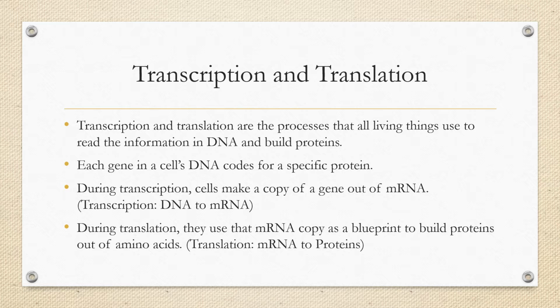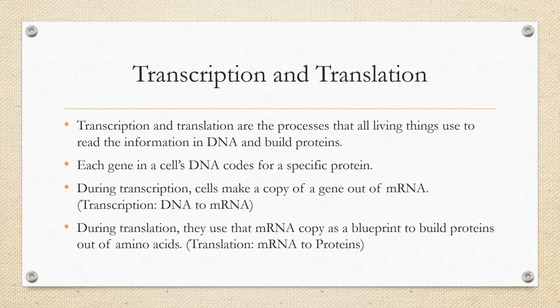Transcription and translation are the processes that all living things use to read the information in DNA and build proteins. Each gene in a cell's DNA codes for a specific protein. During transcription, cells make a copy of a gene out of mRNA.